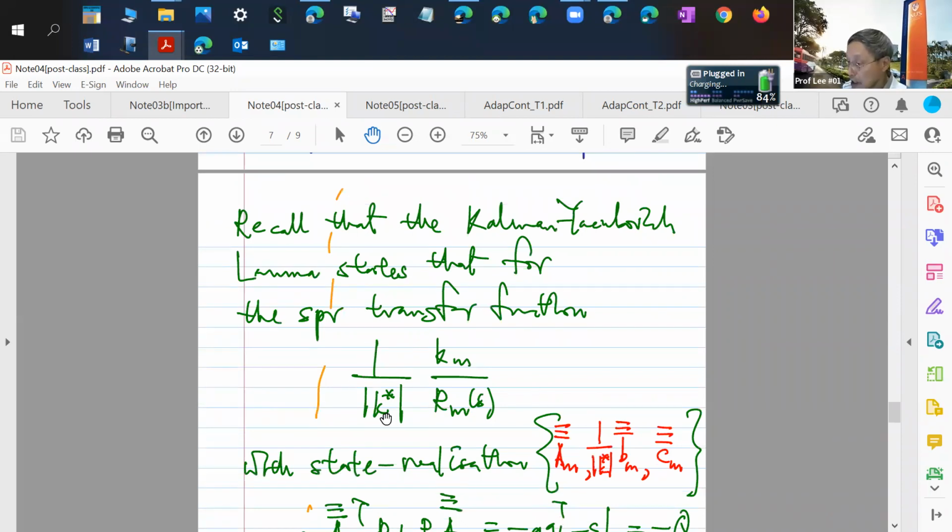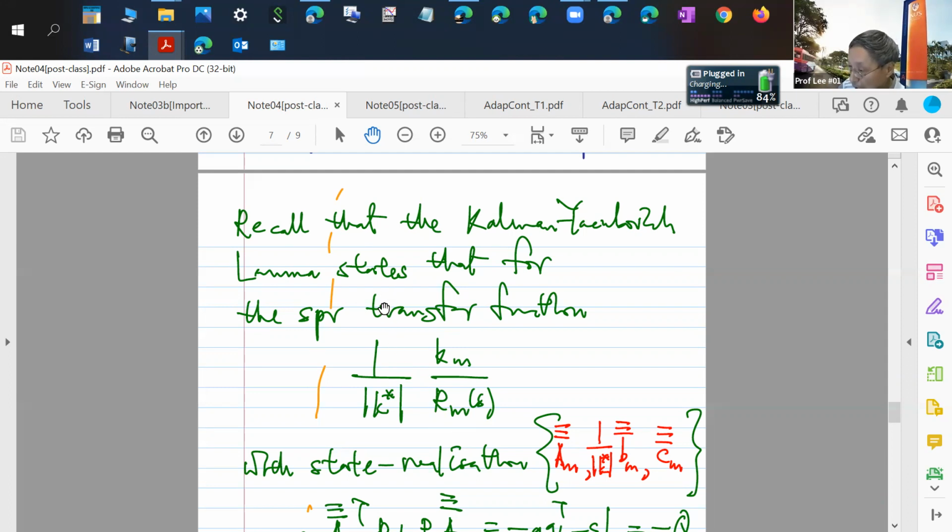But since I don't know the sign of K star, I just multiply my reference model equation by 1 over the magnitude of K star. If you take a strictly positive real transfer function and multiply it by a positive number, it remains strictly positive real. To begin with, this is my reference model, relative degree equal to 1, strictly positive real.